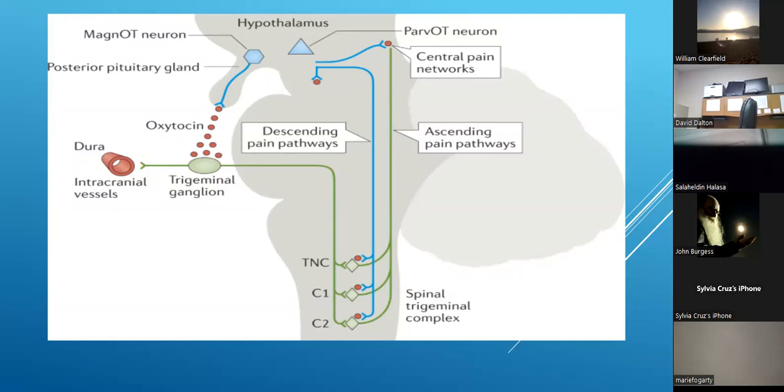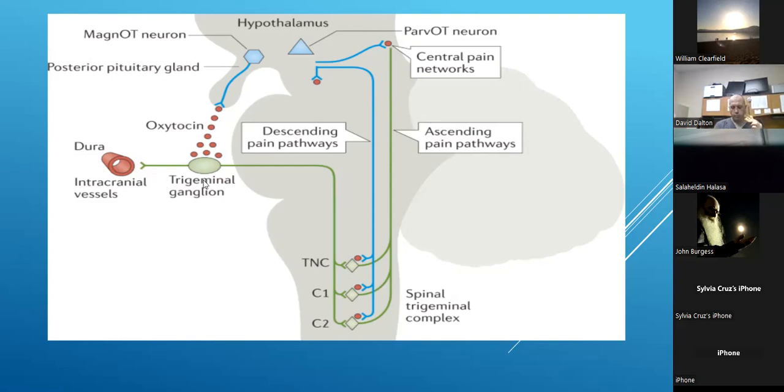And so the nociceptive neurons that carry the pain signals from the meninges are calcitonin gene-related peptide neurons. They use these neurotransmitters to carry the pain signals from the meninges to the brain, as you see here.